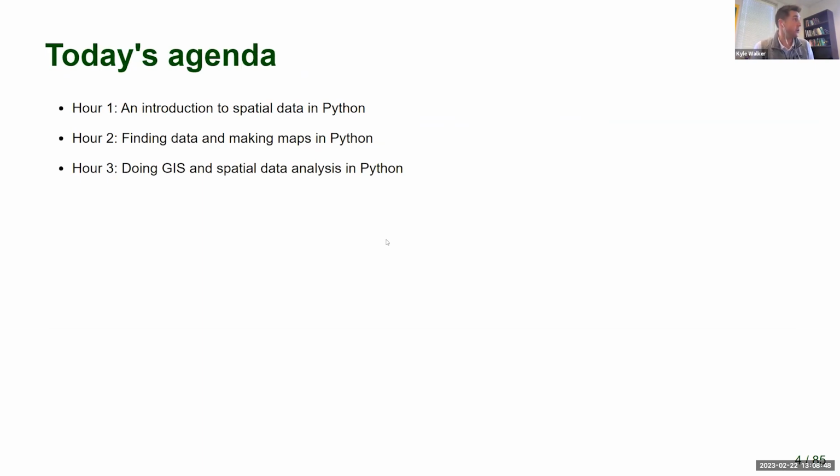Today's agenda. We're organizing the workshop into 3 roughly 1-hour chunks. If you can stick around for all 3 hours, that's fantastic. If you want to come in and out, or if you can only make the first hour, totally fine too. In the first hour, it's going to be an introduction to spatial data in Python. For those of you who are maybe coming from a non-Python background or a non-spatial background, we're going to get you up and running.